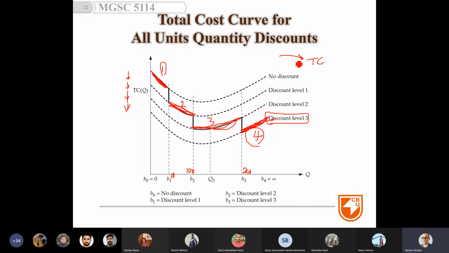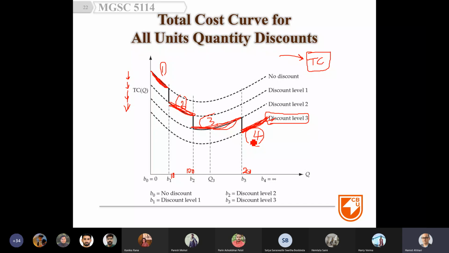What was the basic or the main criteria? Total cost, yeah? So I am going to use the same criteria here. So I'm going to use total cost again here in order to decide which of these ranges, number 1, number 2, number 3, or number 4, makes more sense for me to purchase.